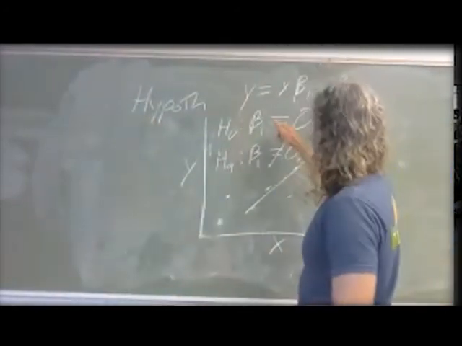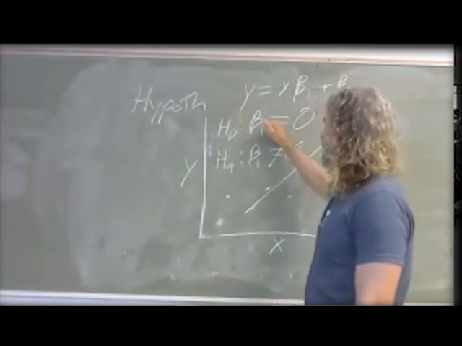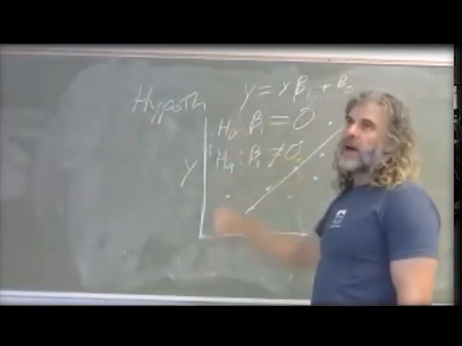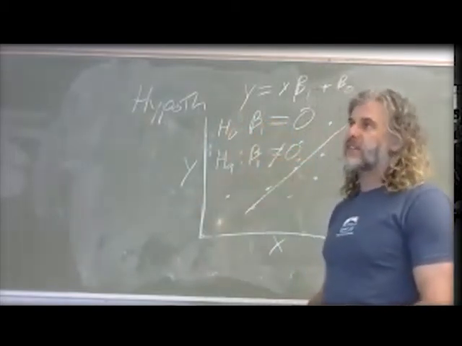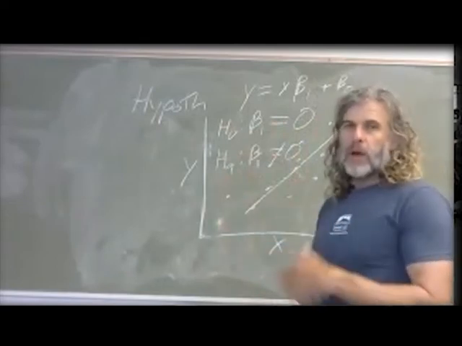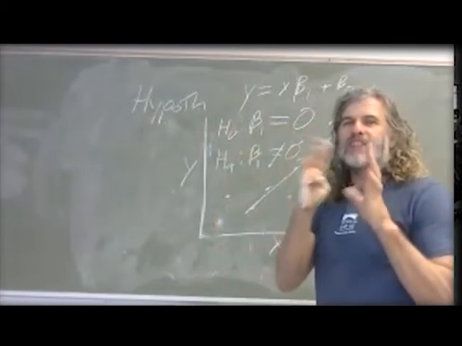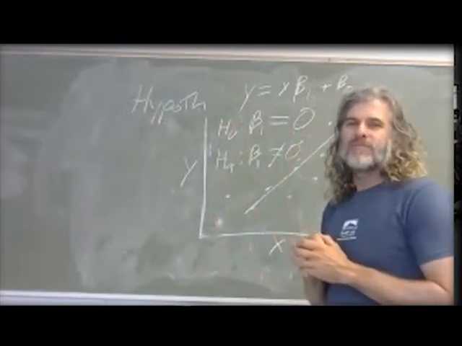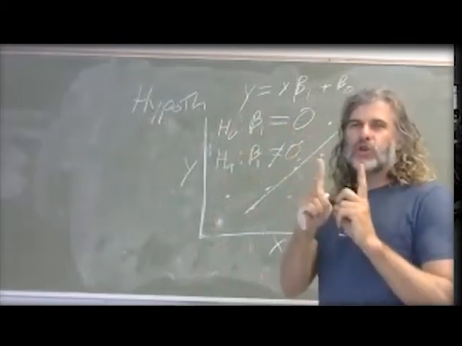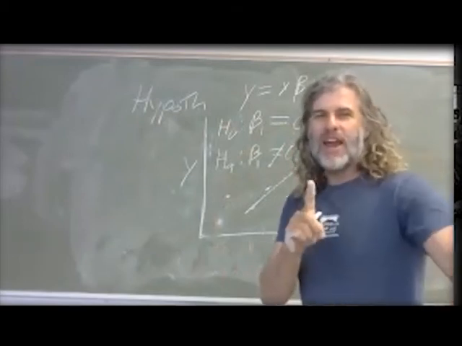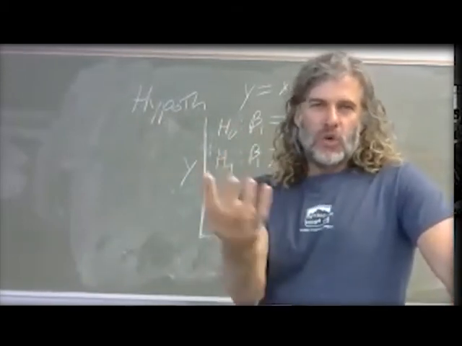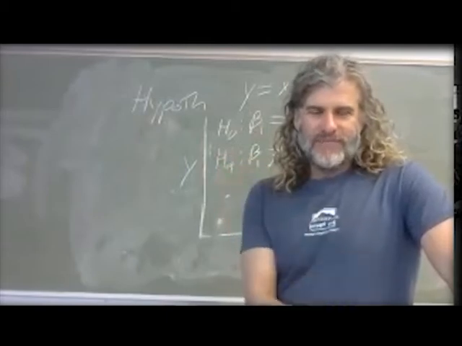One of the common mistakes that students make about null hypotheses is they'll say, well, we have to accept the null hypothesis. You never accept the null. The null is never true. You simply do not have enough evidence to reject it.